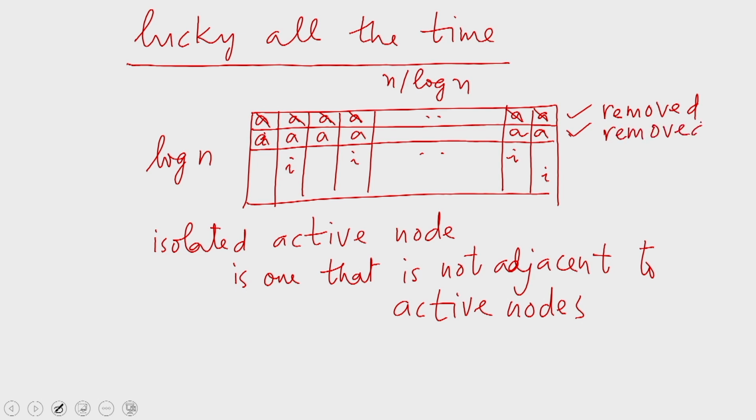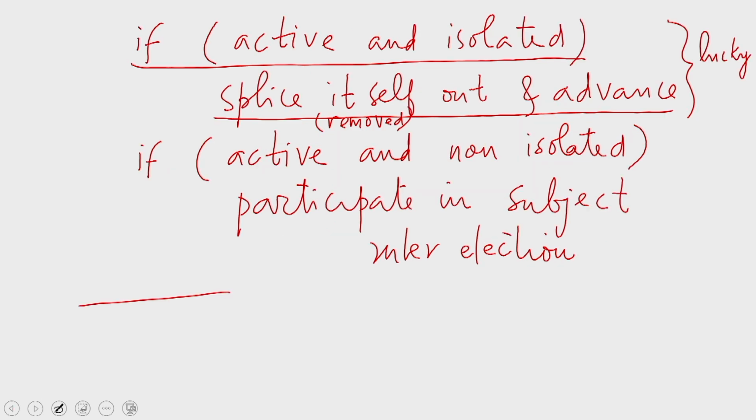So, the second set of vertices are also removed, and the processors will advance further in the list, which means row number 2 is now activated, and the algorithm will proceed in this manner, every time executing only the underlined part. But this is if we are lucky every single time.